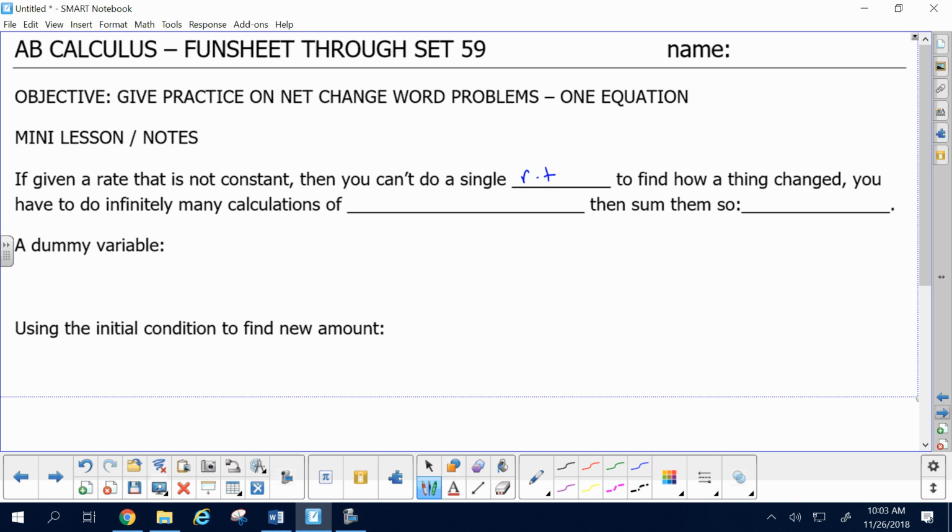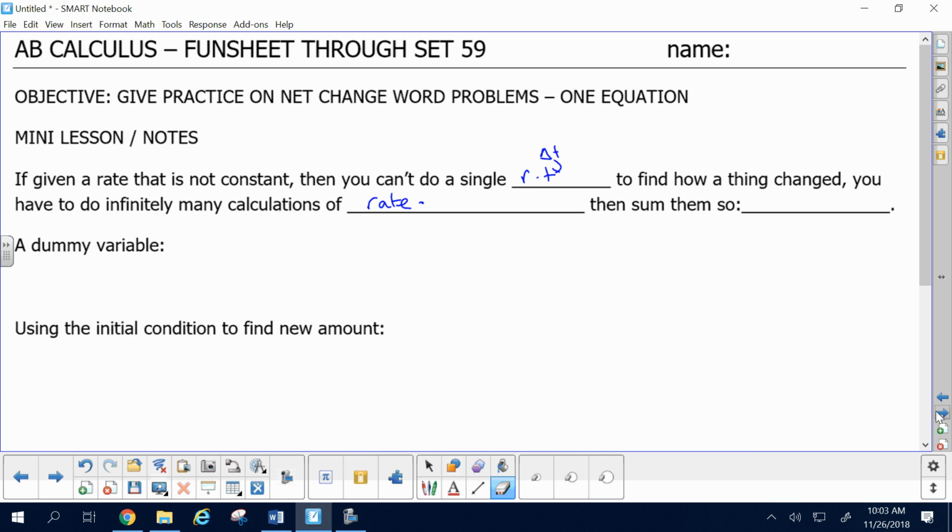If you have a rate that's not constant, you have to do infinitely many calculations of rate times time. Now, this is normally a time frame, so a change in time. Actually, I'm going to rewrite that as delta t. Some rate times some time interval.